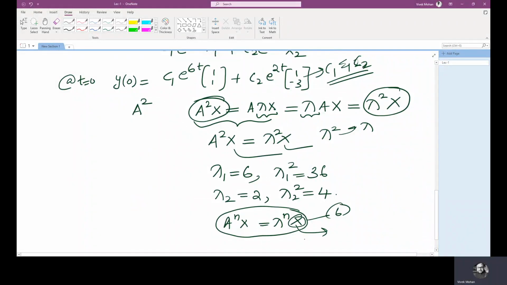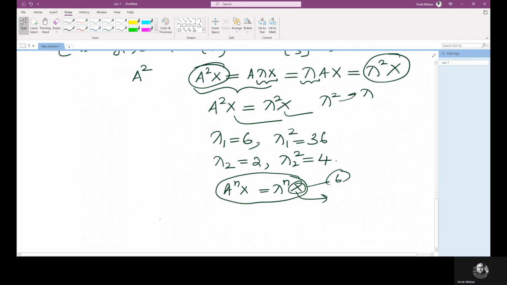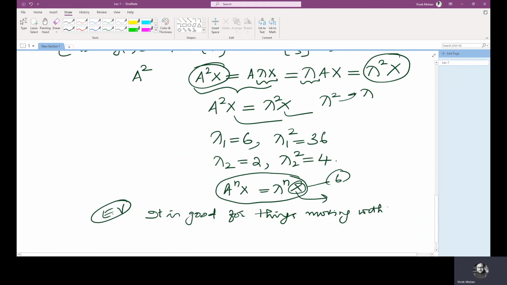Now, what are eigenvalues good for? They are good for things moving with time. As I already told you, when we move on to power system stability, if we want to analyze the stability of voltage, then V is also a function of time.